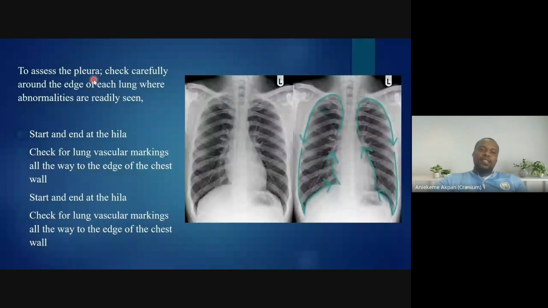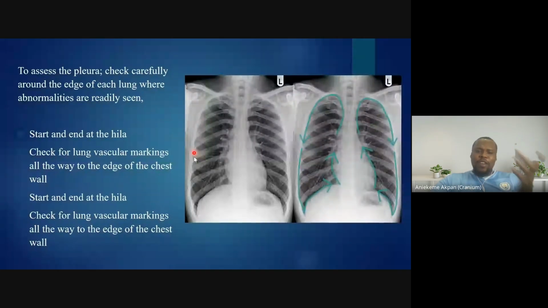So to assess the pleura, you are going to check carefully around the edge of the lungs where abnormalities are rarely seen. So you start at the hilar, check for lung vascular markings all the way to the edge of the chest, and then check also inward. What is this saying? We already agreed that normally you cannot see the pleural space until it is abnormal.